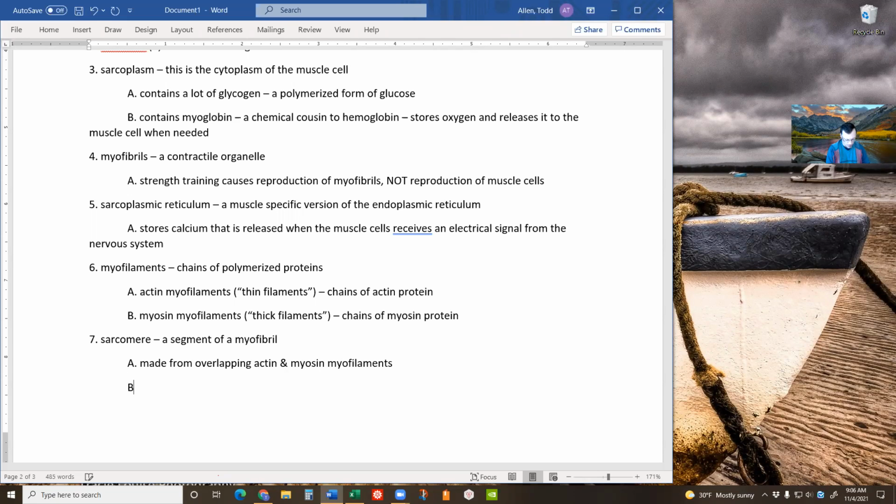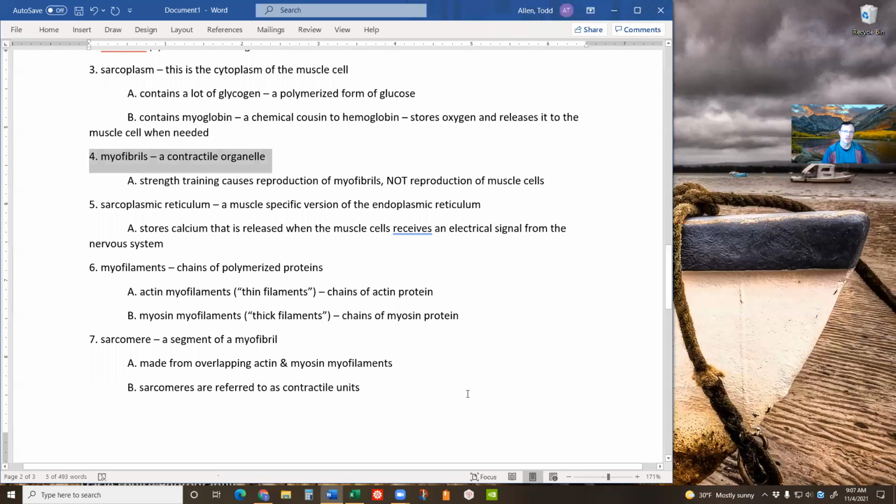Okay, sarcomeres are referred to as contractile units. So I want to be very, very clear here about something. Okay, if we go up and look at number 4, myofibrils, we define a myofibril as a contractile organelle. Contractile organelle refers to myofibril.